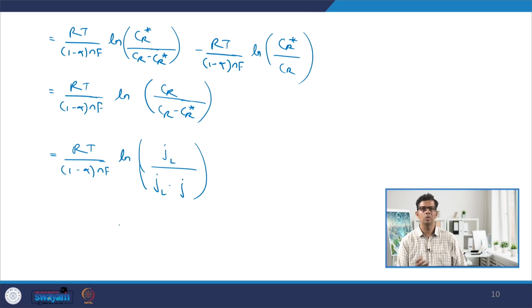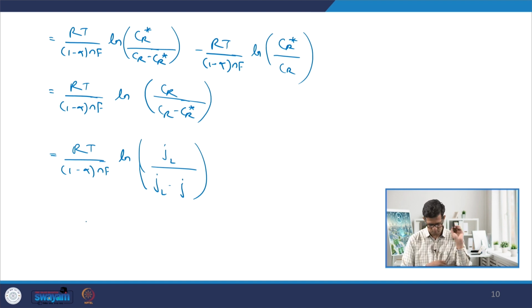So that corresponds to the actual current density that we are drawing from the cell. So J is proportional to CR star and JL is proportional to CR.